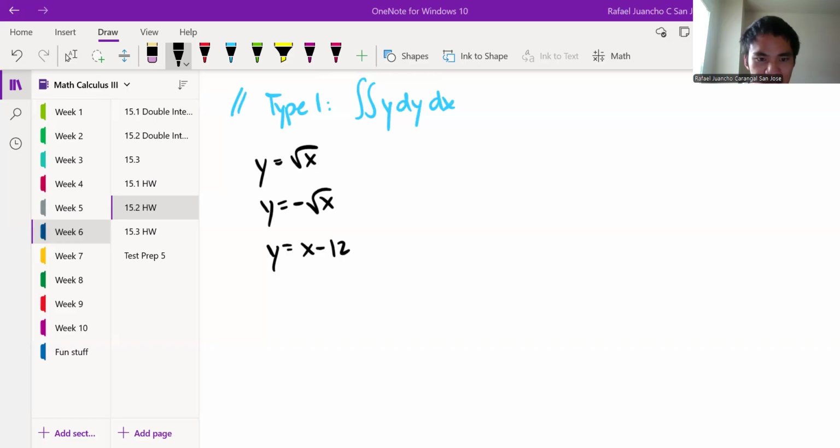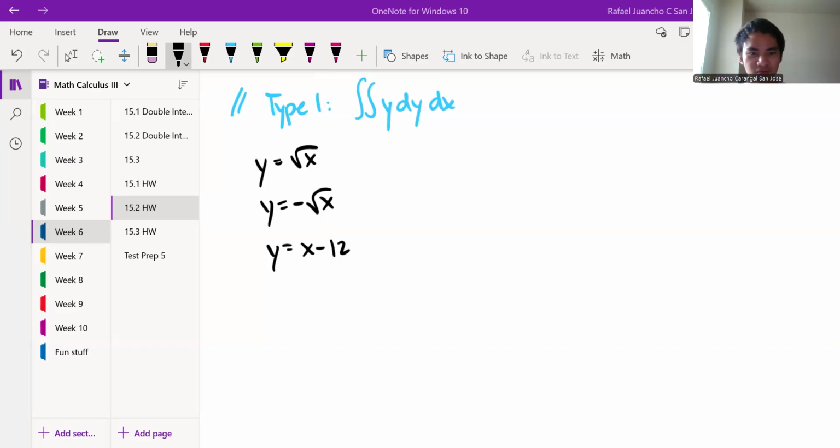Given by, is that correct? Wait, let me just double check to be super sure I'm doing this correctly. Oh, so we put everything in terms of x in the first thing, right?